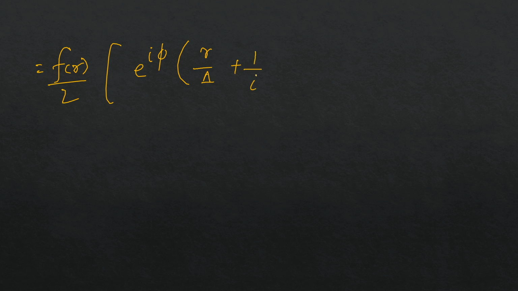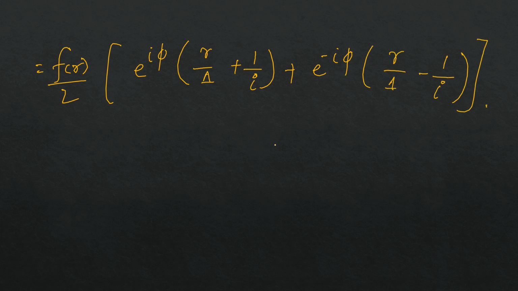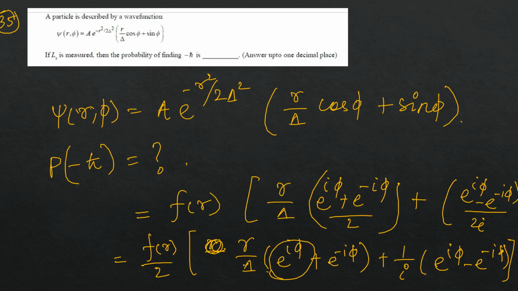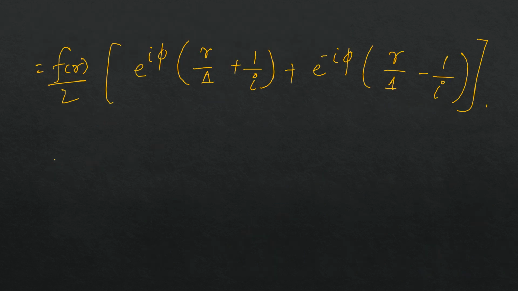So f(r) by 2, e to the power i phi times (r by delta plus 1 by i), plus e to the power minus i phi times (r by delta minus 1 by i). Did you get how I did it? For e to the i phi common, we get r by delta plus 1 by i; for e to the minus i phi we get r by delta minus 1 by i. Correct?